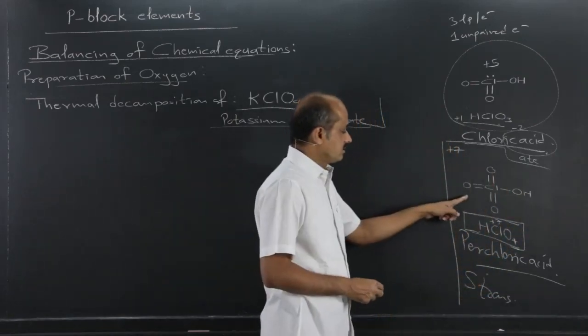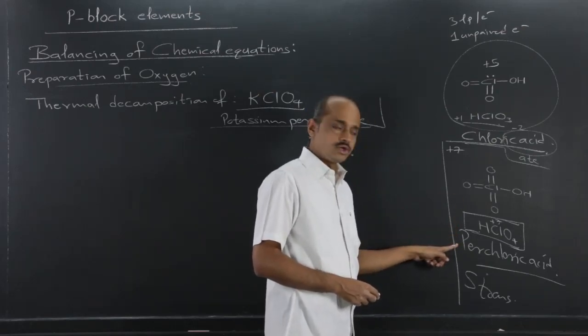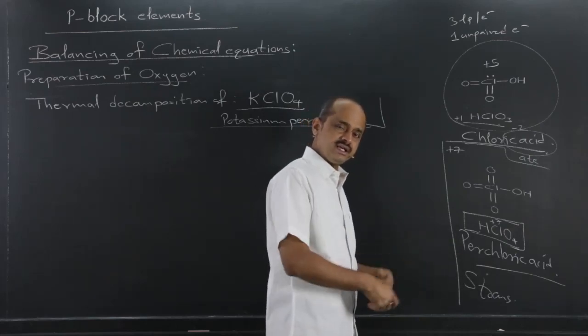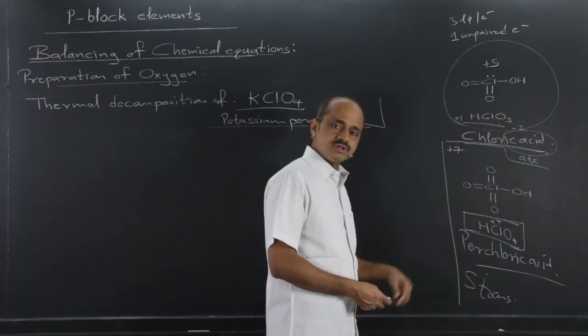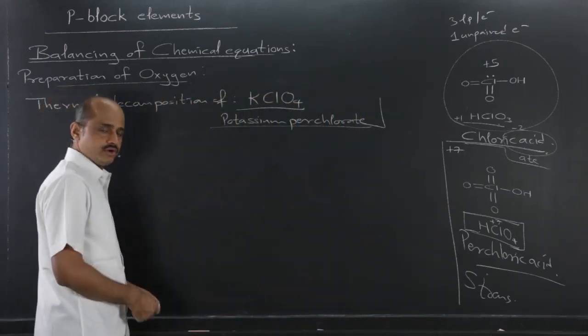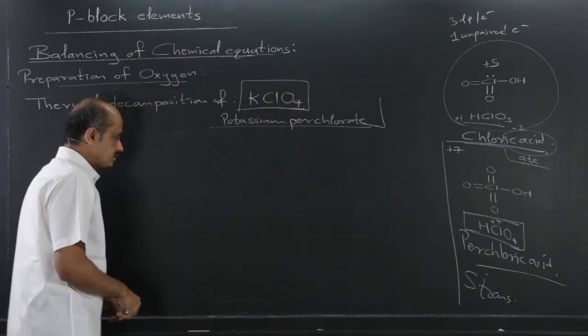When such an acid, perchloric acid, with oxidation number of chlorine plus 7, is reacted with KOH or NaOH, any other base, it gives a salt. For example, with KOH it would give KClO4, potassium perchlorate.